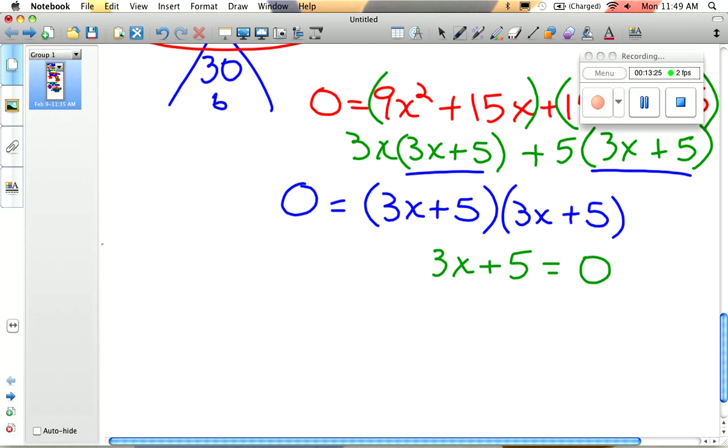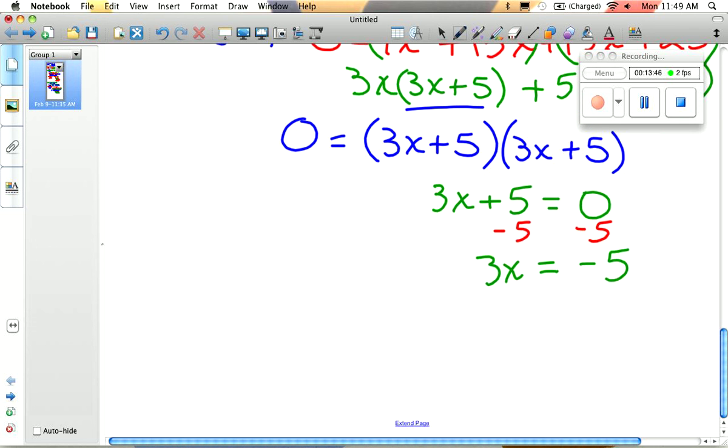What's our first move? Subtract 5 from both sides. And now we have 3x left alone, and what's on the other side? Negative 5. And now we're going to divide both sides by 3.